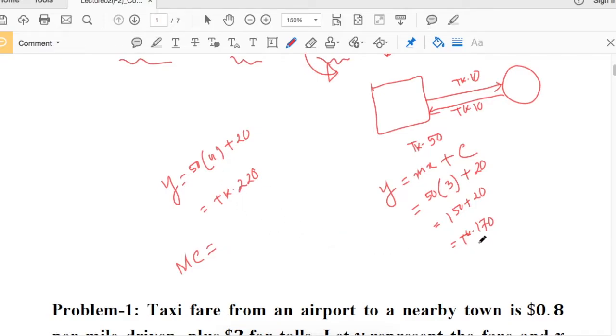So this is the cost of 3 marker, this is the cost of 4 marker. So the cost of buy additional copy will be taka 220 minus taka 170, which is taka 50. This is the marginal cost.